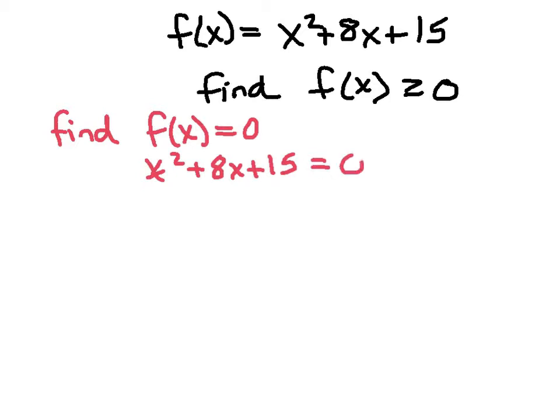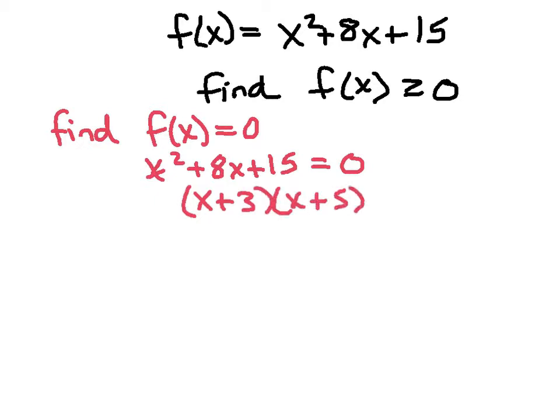equal to 0. Now this is a quadratic equation. We have a couple ways that we could do this. We could solve this by factoring if it's factorable, we could use the quadratic formula, or we could complete the square. I know that this can factor into x plus 3 times x plus 5.